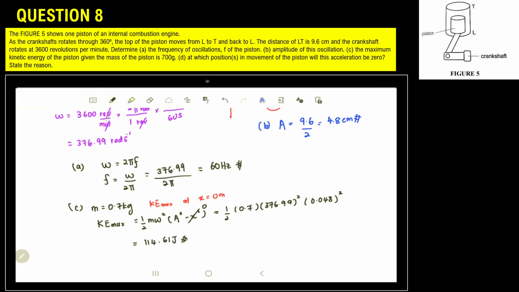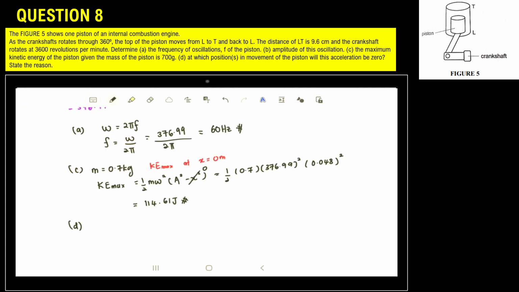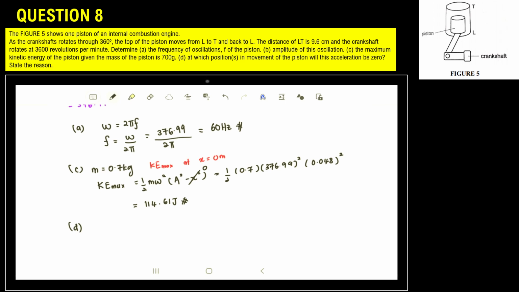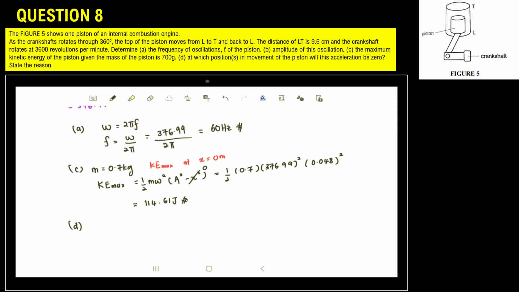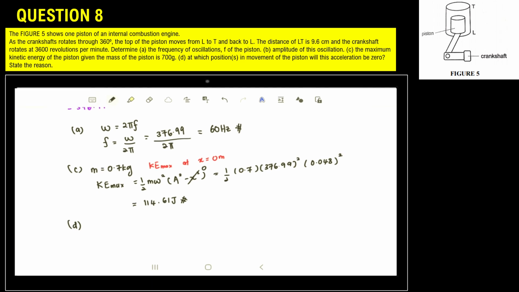Alright. For D, at which positions in the movement of the piston will the acceleration be 0? We want to find at which position the acceleration will equal 0.